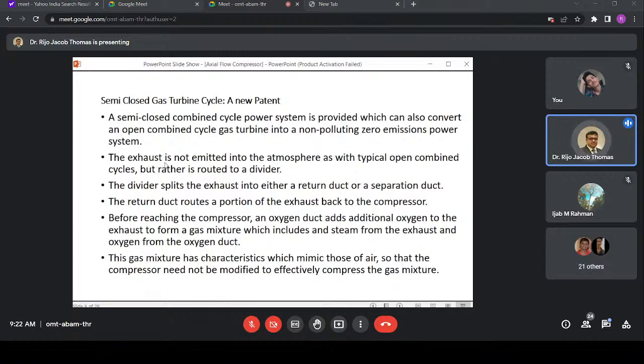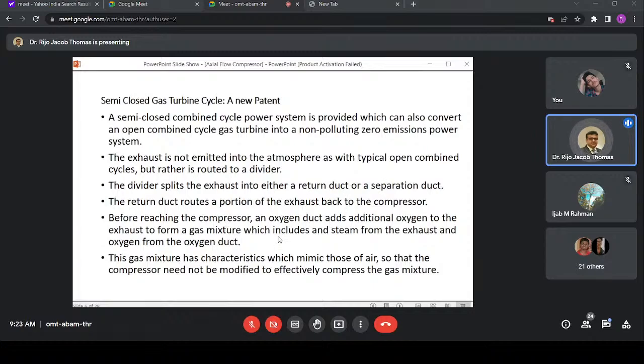So what they do is, exhaust is not emitted into the atmosphere as is typical, but rather it is routed to a divider. The divider splits the exhaust into a return duct and a separation duct. The return duct routes a portion of the exhaust back to the compressor. So that's what I said: some part is given out, some part is sent back to the compressor again.